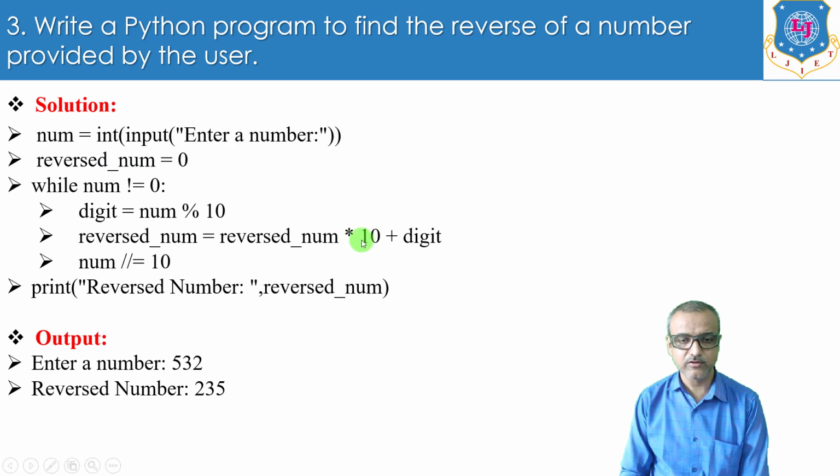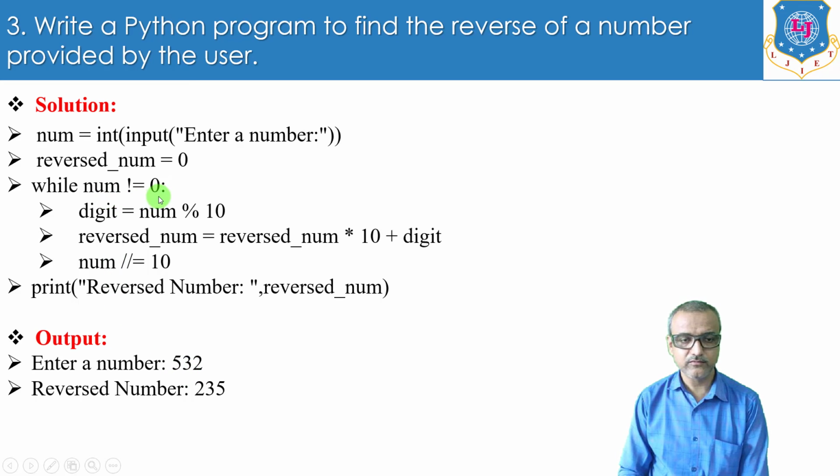If you multiply 0 by 10, you will get 0, and the value of digit is 2. So 0 plus 2 will give you 2. Now 2 will be stored in reverse_num. Now we will divide the number by 10. So 532 divided by 10 will give you the integer value 53.